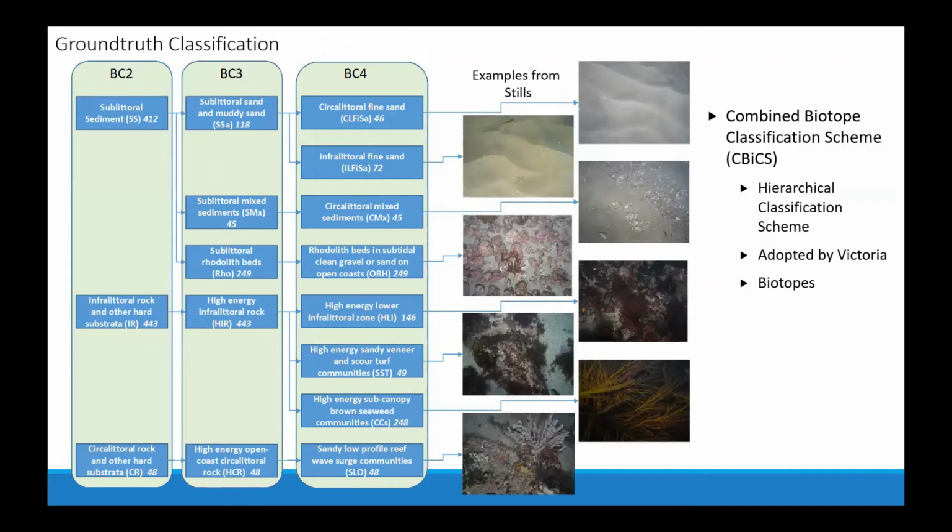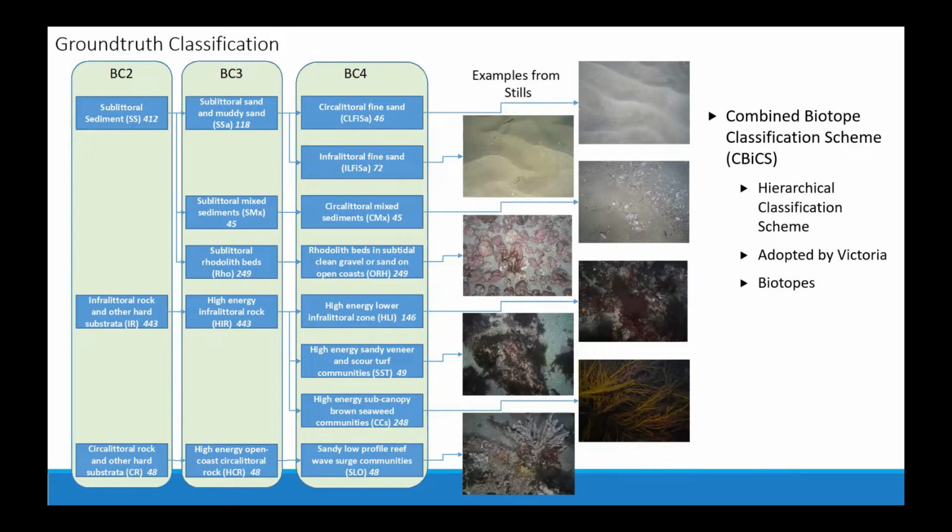So for the classification scheme that I used, it's called the Combined Biotope Classification Scheme, known as CBiCS. It's a hierarchical classification scheme adopted by the state of Victoria, Australia. That's why I used it. It's hierarchical in nature, and this is why I put this image up, because we did 3 models essentially of the different hierarchy levels: broad habitat classes, which is BC2, the habitat complexes, which is BC3, and biotope complexes, which is BC4.